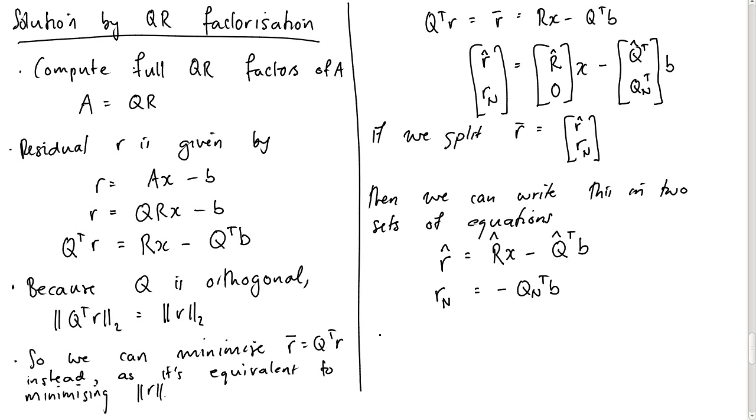Now we know that the norm of the residual, which is what we're trying to minimize, is equal to the norm of r bar, as I just said before, which is equal, in turn, to the norm of r hat squared plus the norm of rn squared. So we'll consider each piece separately.